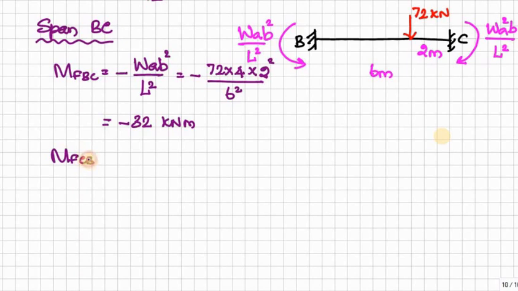Similarly, MFCB is equal to plus WA squared B divided by L squared, which is equal to plus 64 kilonewton meter.